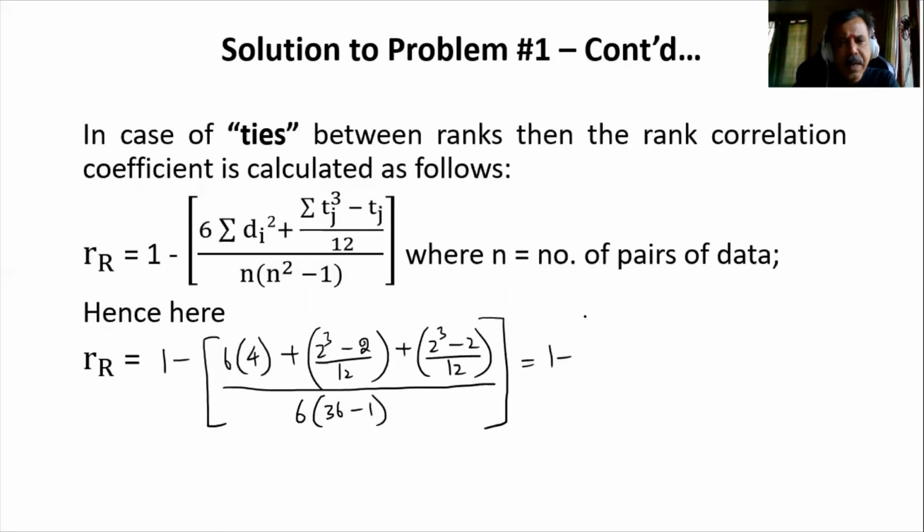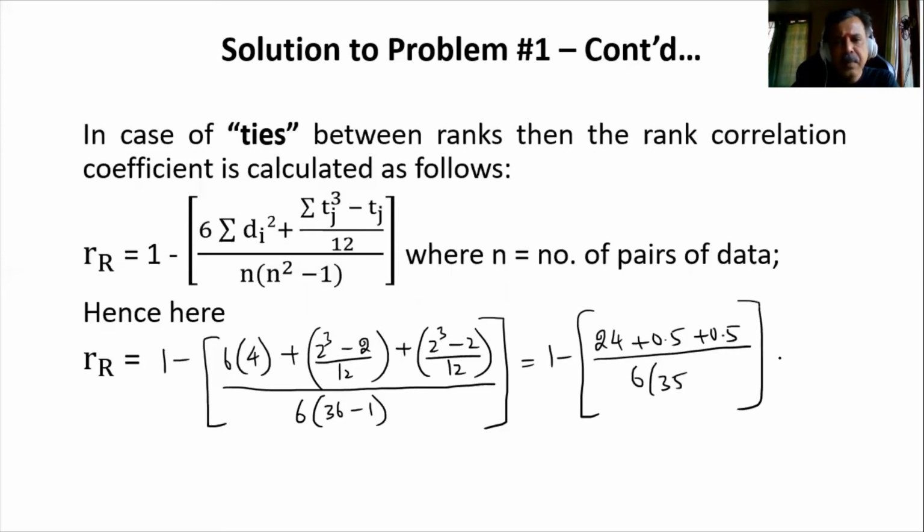So this will become 1 minus of 6 fours are 24. 8 minus 2 is 6, 6 by 12 is 0.5, and the next one is also 0.5, divided by 6 into 35. So that means 1 minus 25 by 6 into 35, which is 5 by 42.